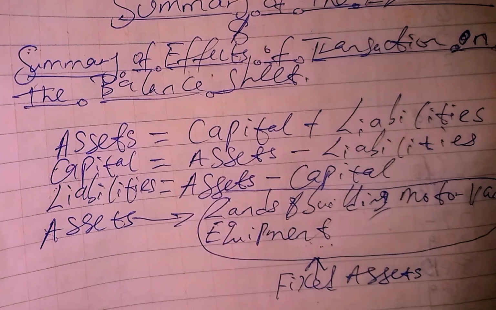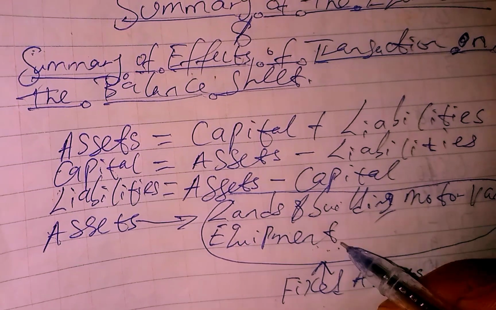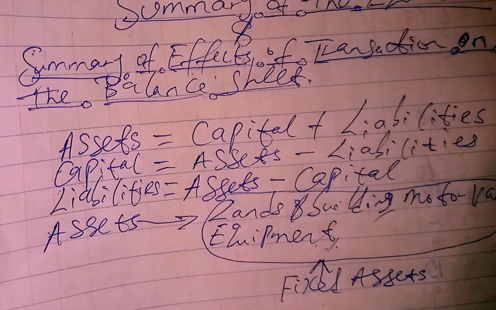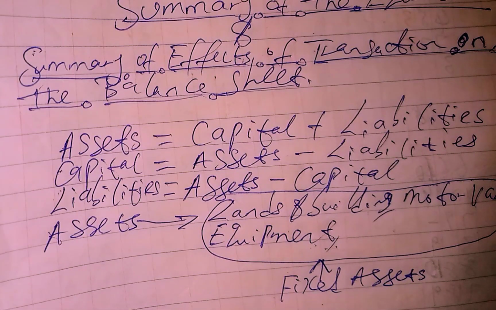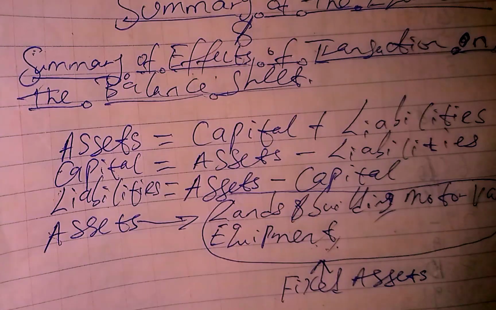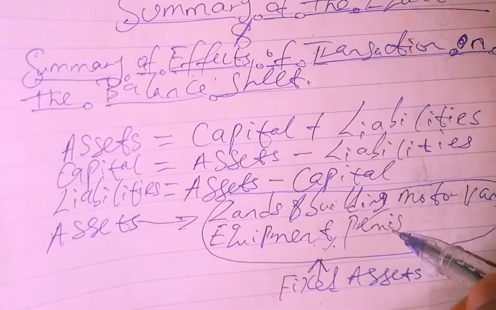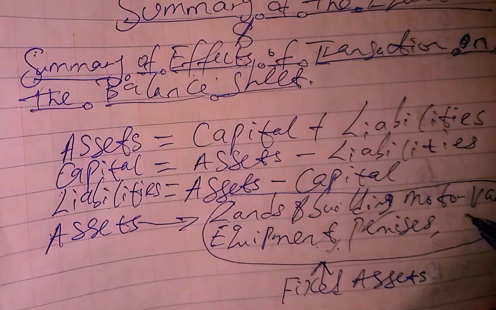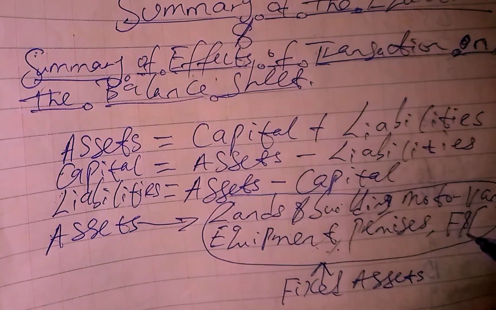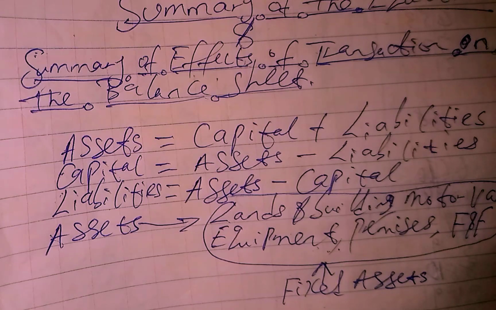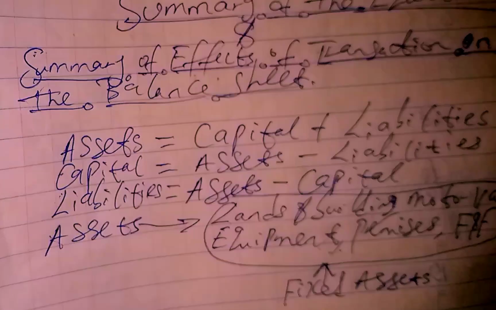Land and building, motor van, equipment, premises, furniture and fittings. All these are under fixed assets.